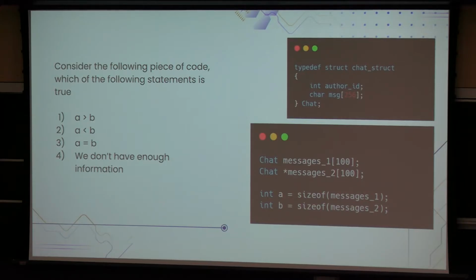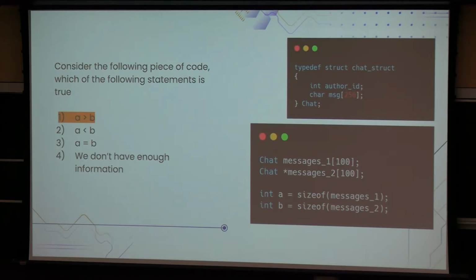So what ends up happening is A ends up being a lot bigger than B, because we have to allocate space for all the possible room that a message could take up, versus B, where we can dynamically allocate space for each chat that we end up using. So yeah, A ends up being greater than B. Are there any questions about that before I move on?